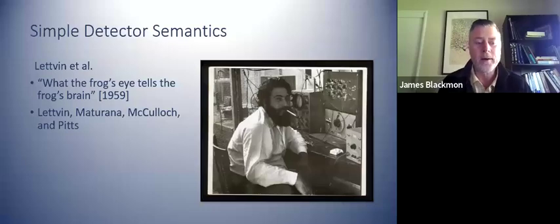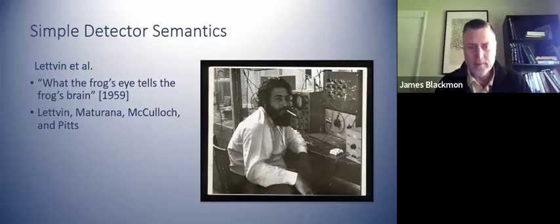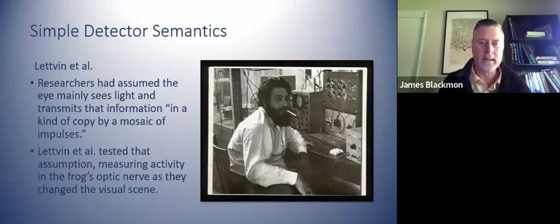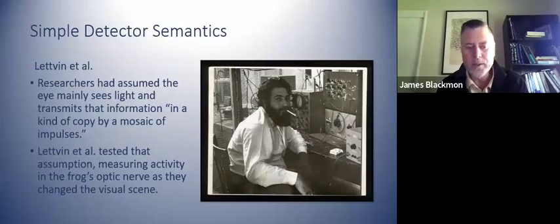And so Lettvin was the main author, but McCulloch and Pitts were fellow authors. And then Maturana was also part of this. And this is Lettvin here on the right in the late 50s or 1960s. And they wrote this paper called What the Frog's Eye Tells the Frog's Brain, which I think I need to add under the optional readings.